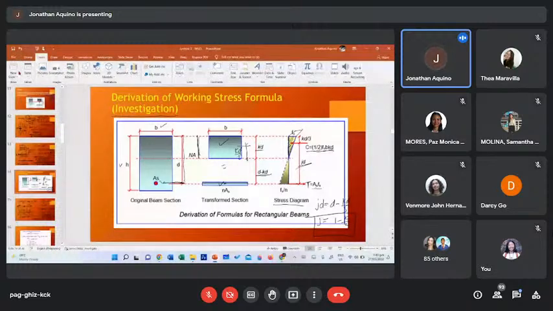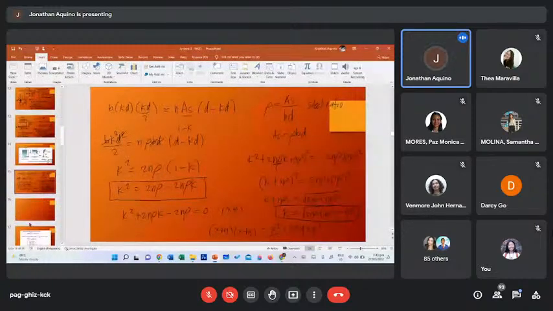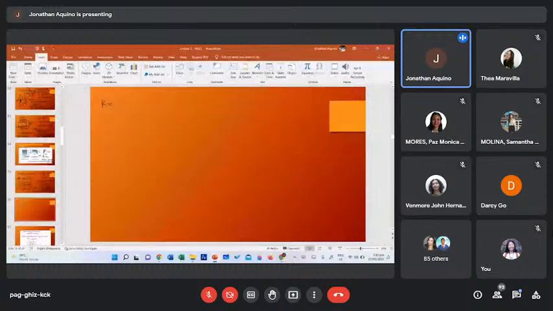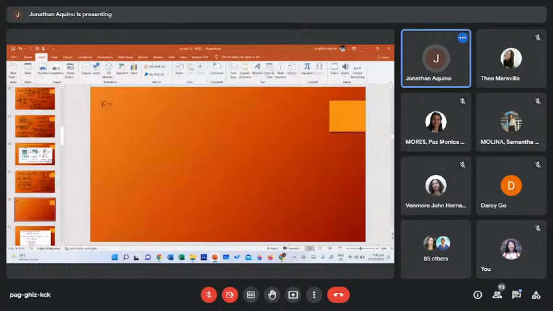Okay, so in summary, we have k is equal to square root of 2n rho plus n rho squared minus n rho. Then j is equal to 1 minus k over 3.